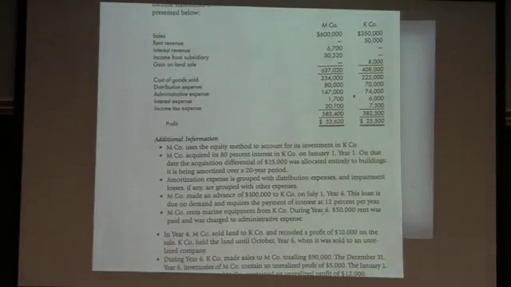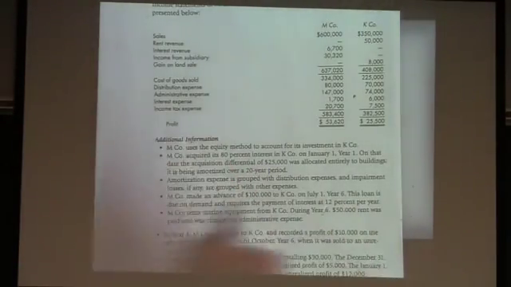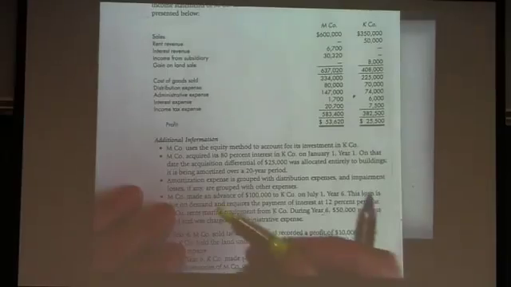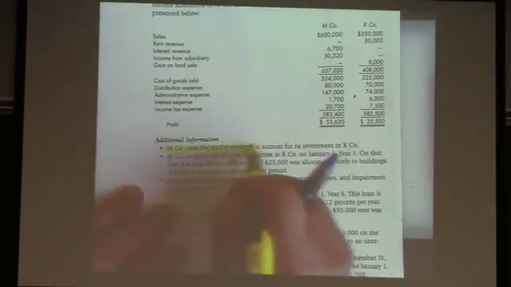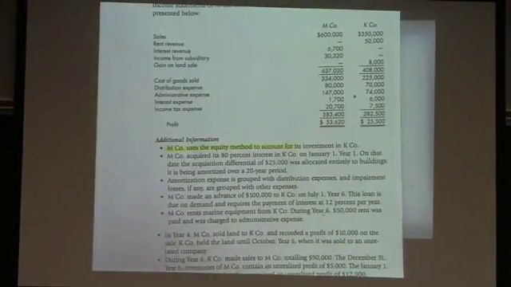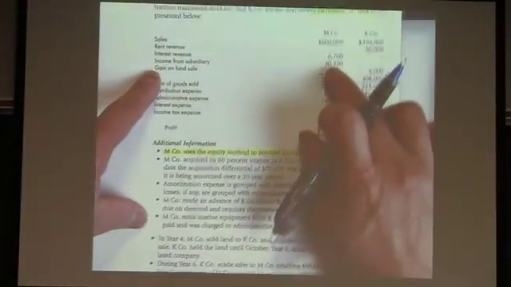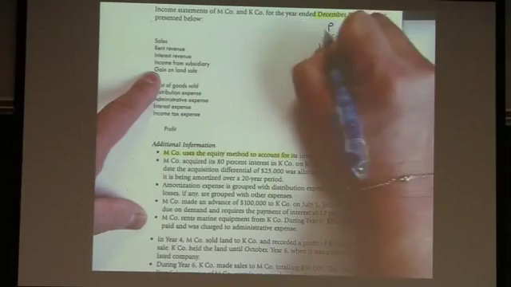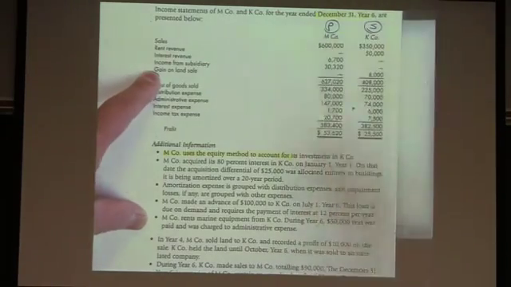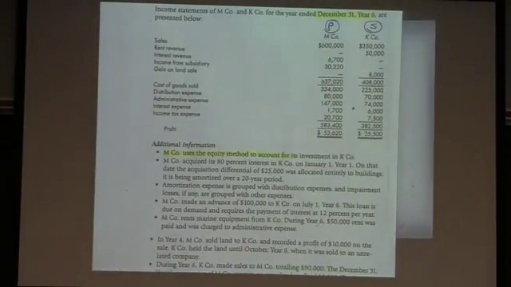Okay? Now, M uses the equity method of accounting for its investment of K. So who's the parent here? If there's income from subsidiary, then this is the parent and this is the sub. Now, how much does M acquire?